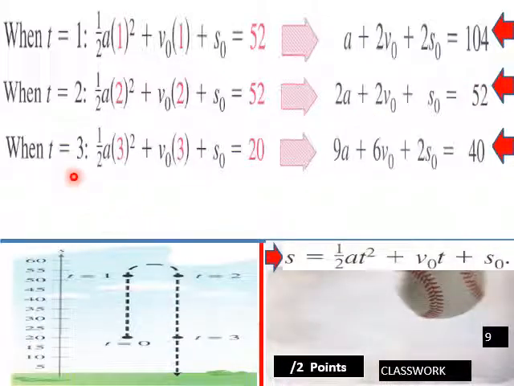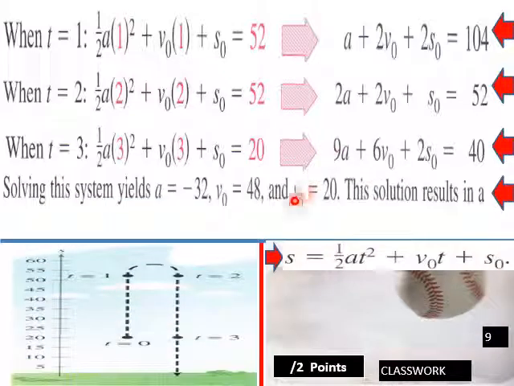And then when t equals 3, we have 3 squared, and then we multiply through by 2 again, and we get 9, and then this becomes 40 out here because you multiply through by 2 again to clear our fraction on that one.